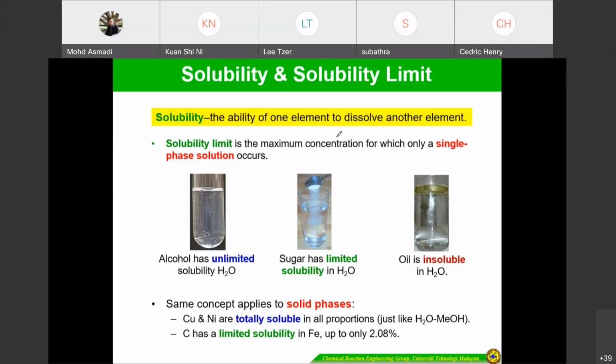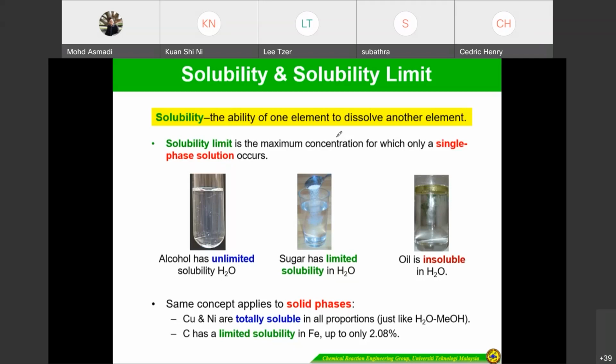So when we increase the temperature, the solubility limit also increases. For example, you mix water and sugar. Maybe the solubility limit at room temperature is around 50% or 60% sugar. But once you heat that mixture of sugar and water to 80 degrees C or 100 degrees C, the solubility of the sugar in the water increases.